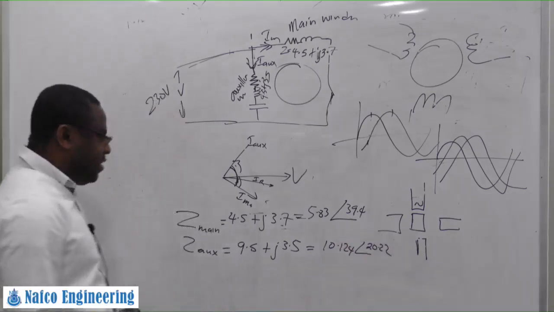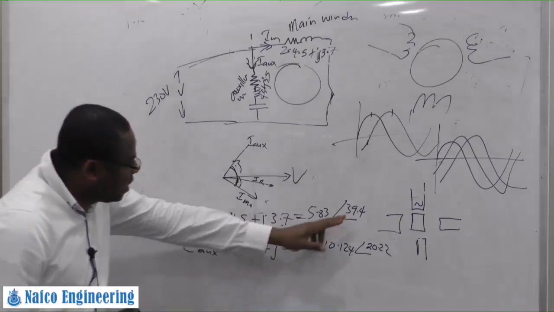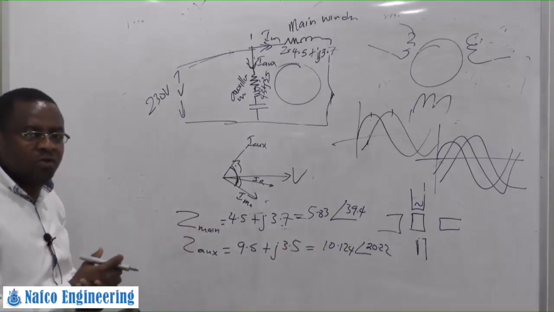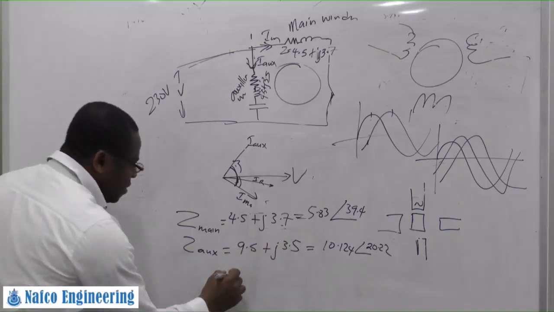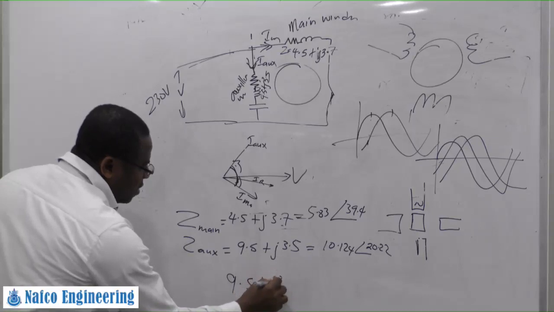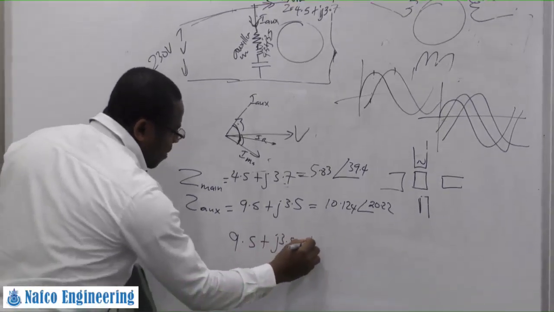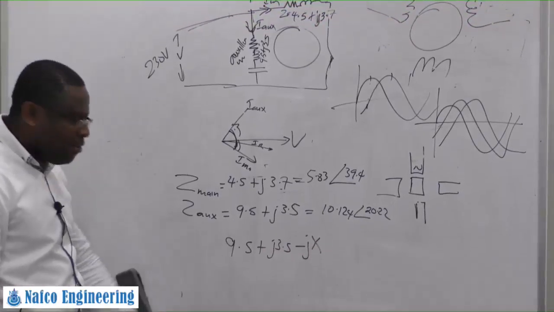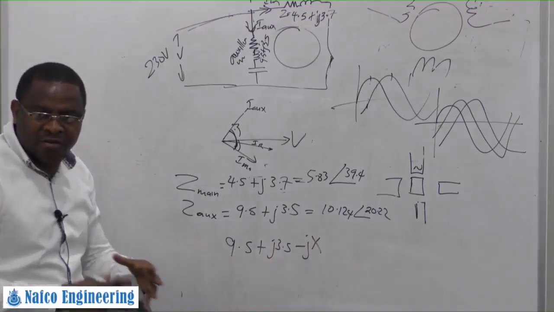Now, when you check, remember there's no capacitor here. When you check these two angles, they are not phase shifted by 90, right? So what we want to do is put a capacitor. In other words, this is 9.5 plus j3.5, and we want to put a capacitor. Remember, I just put minus because it's capacitance.